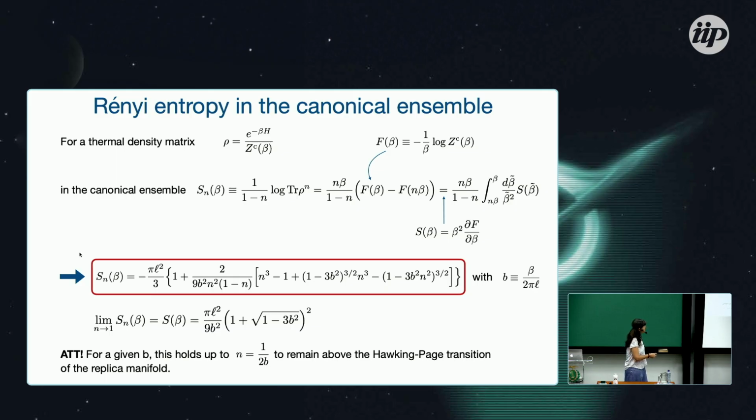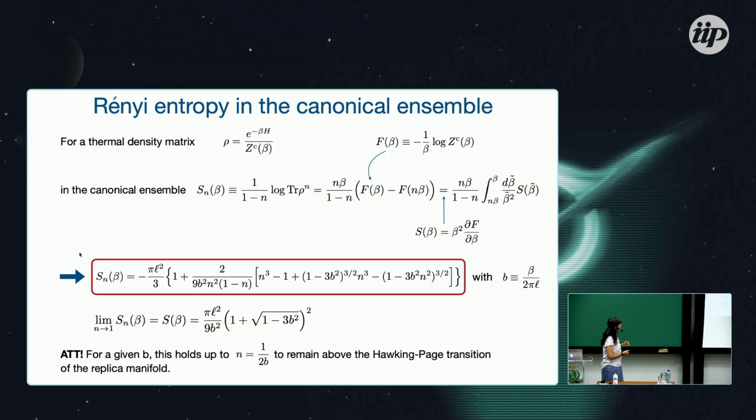Now the Hawking-Page transition is at B equal to 1/2, so we are below 1/2. In the n-to-1 limit, this is the ordinary entropy. One important point, if we want to think about this construction in terms of replicas or auxiliary black holes with this temperature, is that we are evaluating the free energy by looking at the large black hole saddle, which is only dominant above the Hawking-Page transition.